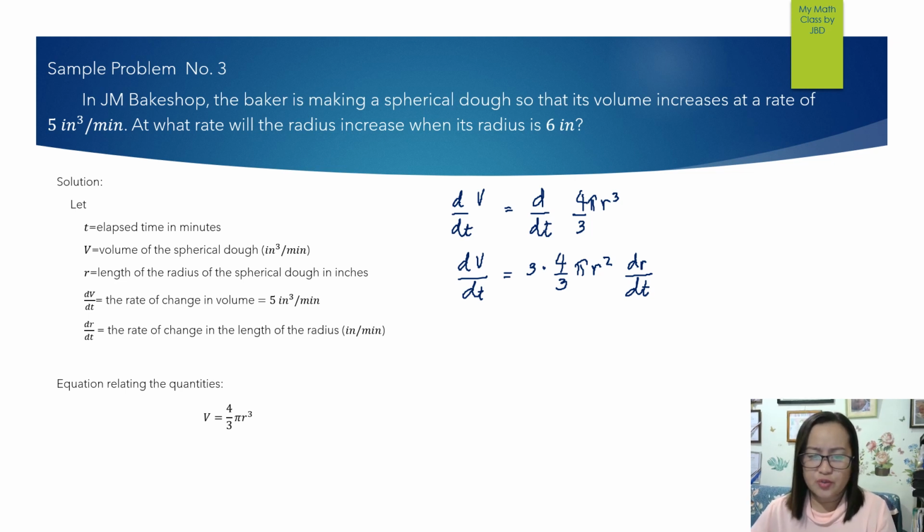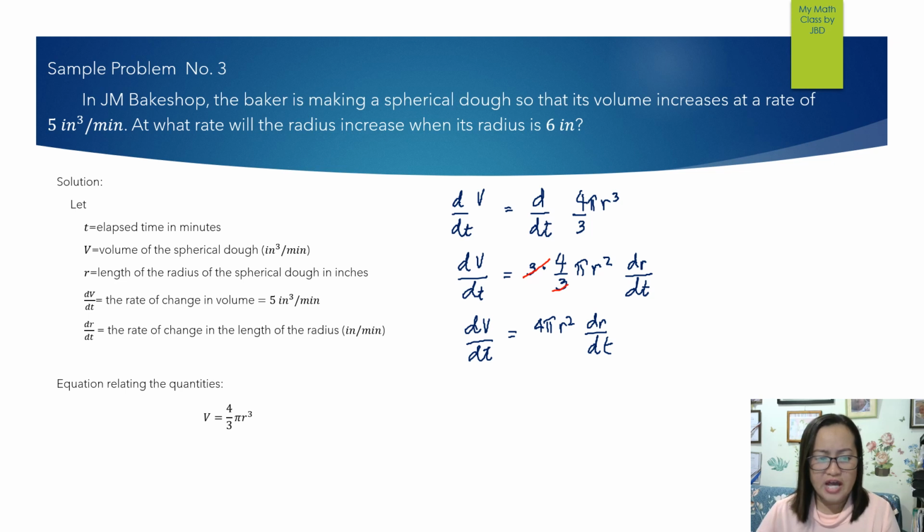Simplifying the equation, we can cancel this so that our equation will simply be dV/dt equal to 4 pi r squared dr/dt.